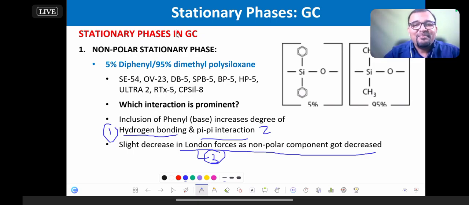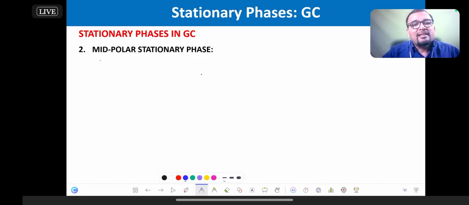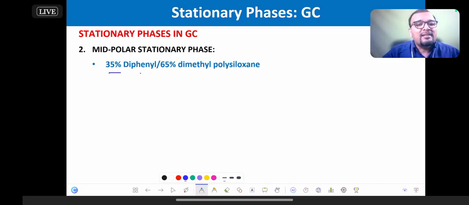Got it? Let us now move ahead with another mid-polar stationary phase with the 35% diphenyl, 65% dimethyl polysiloxane. Now, why is it called a mid-polar?